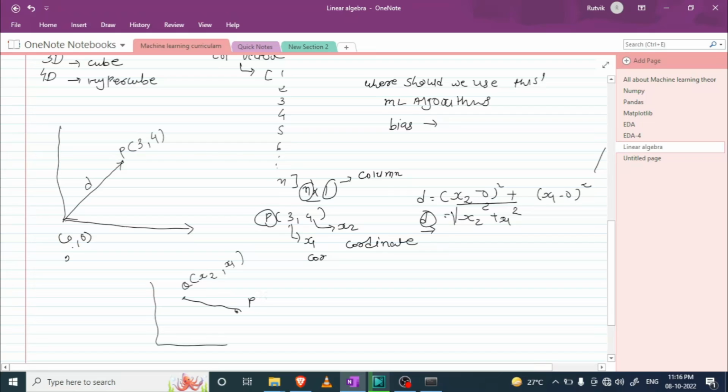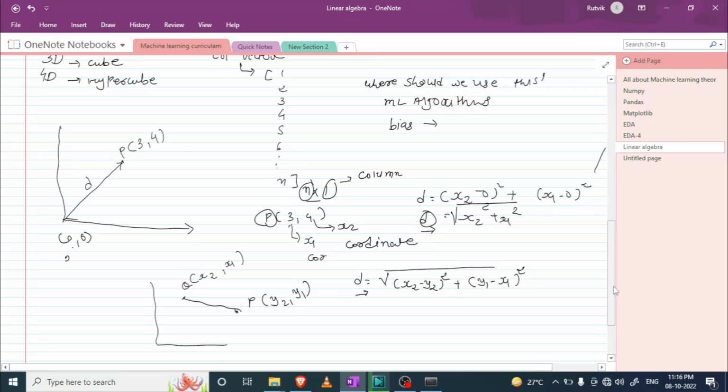I want to calculate the distance, so instead of deriving the distance equation, I'm directly writing the equation: x2 minus y2 whole square plus y1 minus x1 whole square. So this is the equation to identify the distance between two data points.